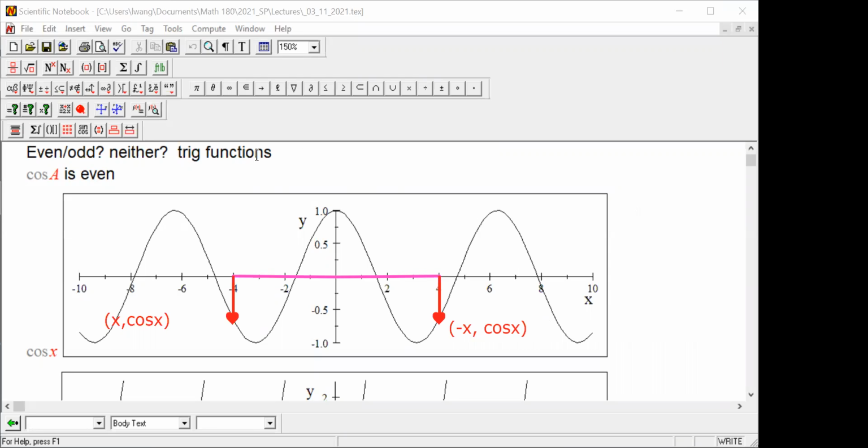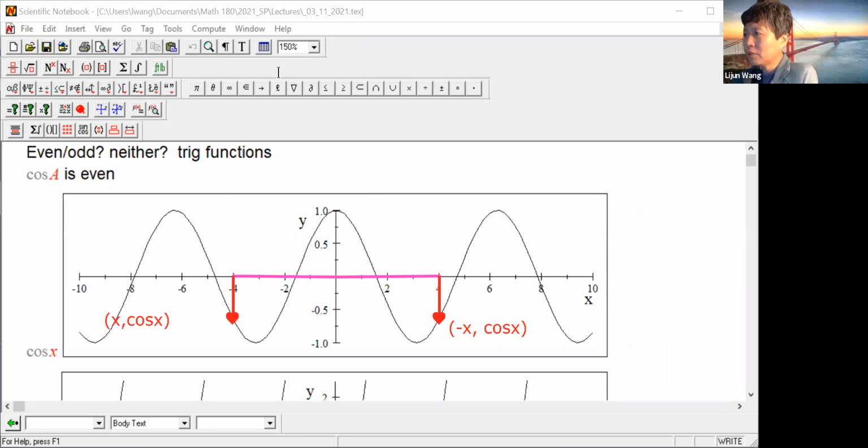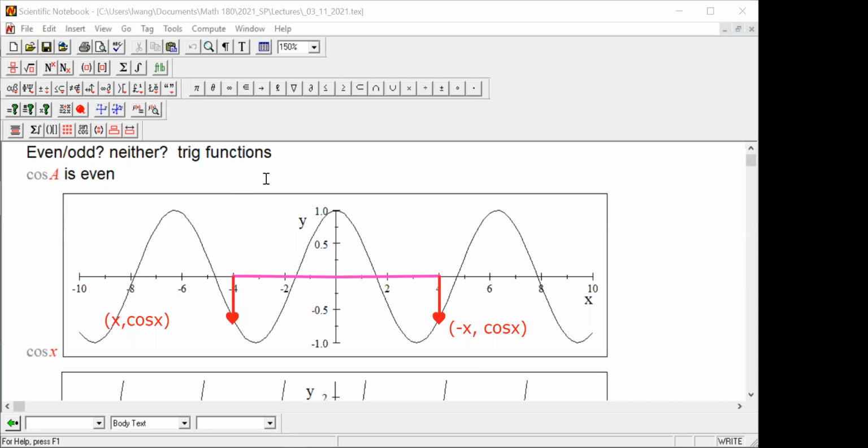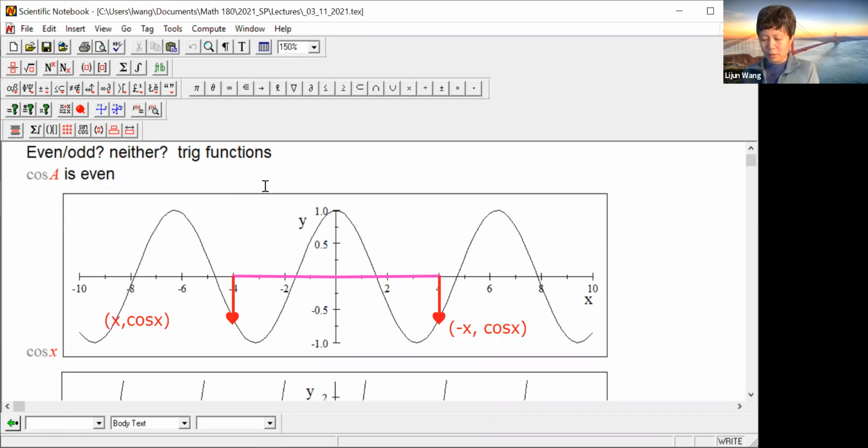Okay, I'm not going to comment yet. The statement: arc cosine is odd. I'm leaving this as a questioned statement.